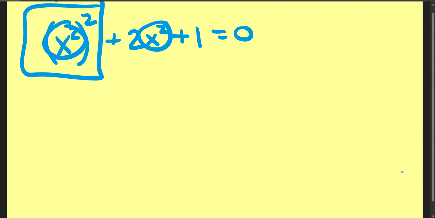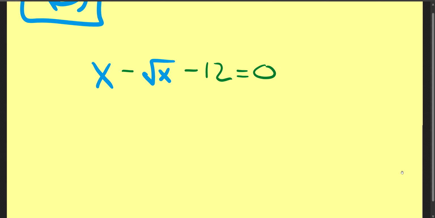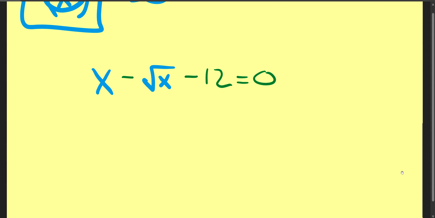Another one, and this is a bit challenging, would be x minus the square root of x minus 12, just as another example. Looking at this x, how could I write that in terms of being raised to the second power?